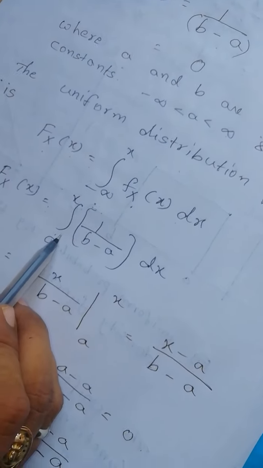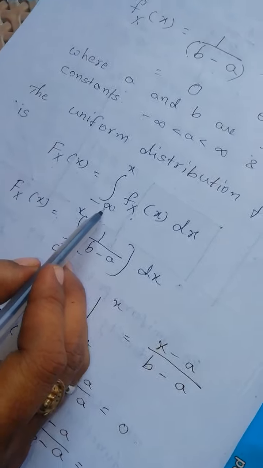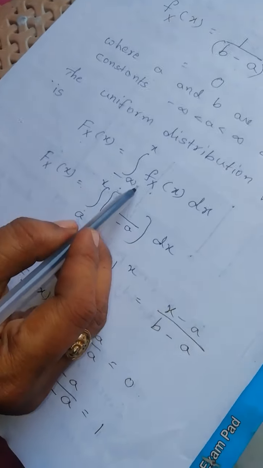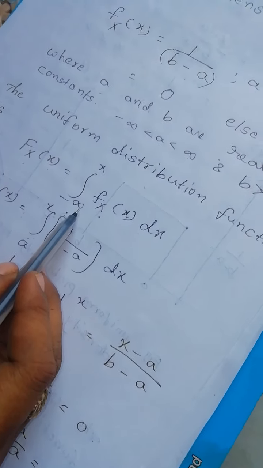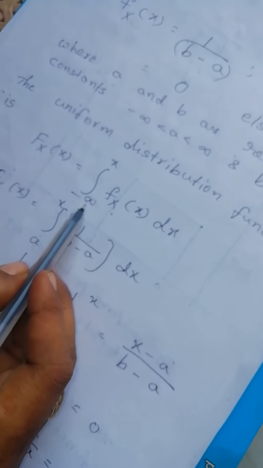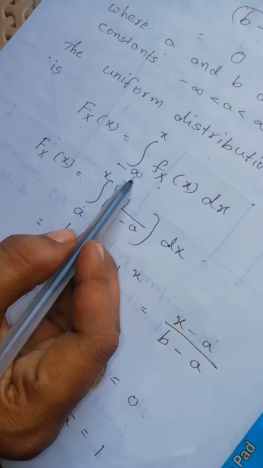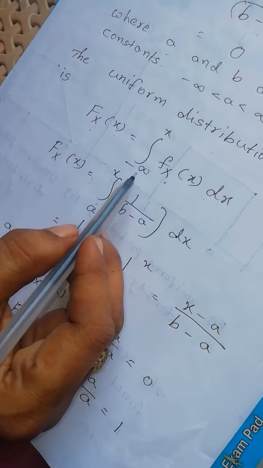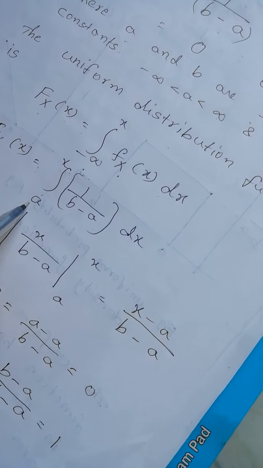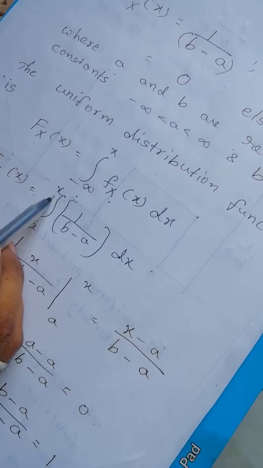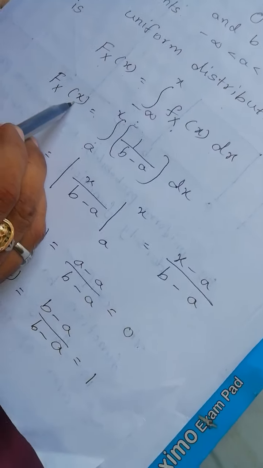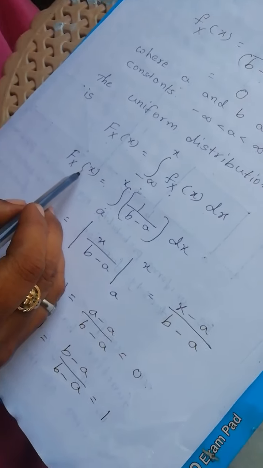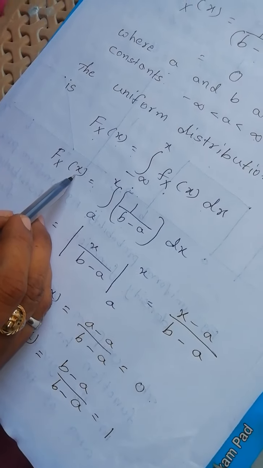In the integration from minus infinity to a, the density function is 0. That's why we consider the density function from a; that will be the lower limit. The lower limit is a and the upper limit is x, because here we need the probability distribution for x only.